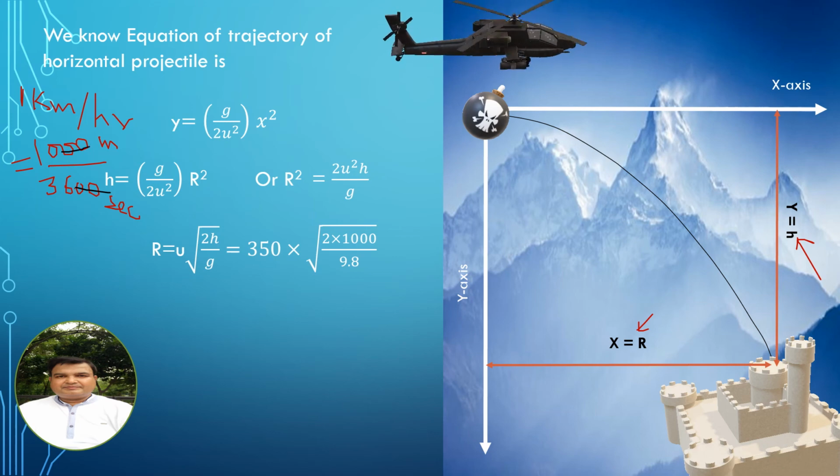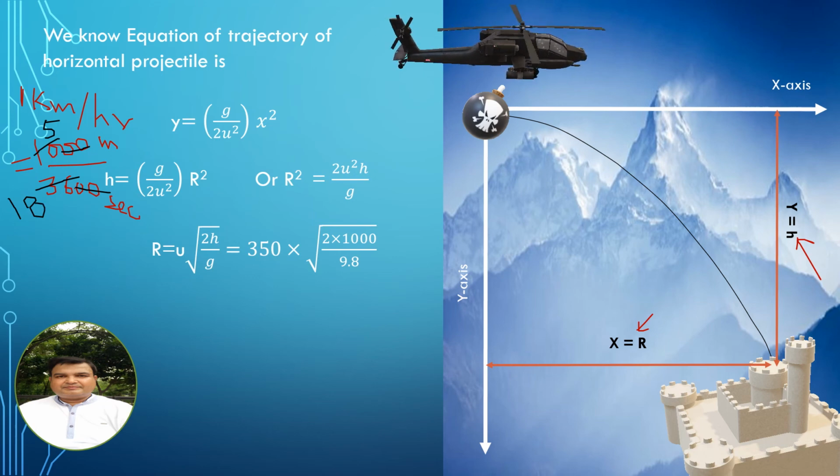With the help of the table of 2, it is 5, it is 18. Means there is a handy rule: if we want to convert kilometer per hour into meter per second, you just multiply by 5 by 18.